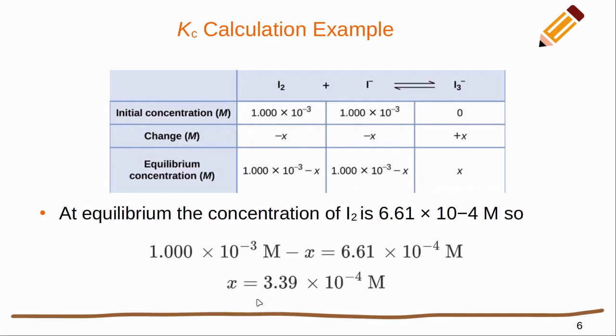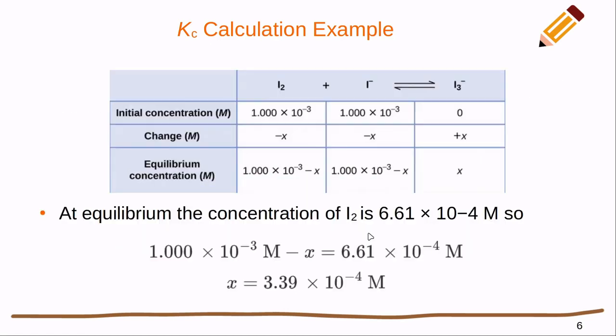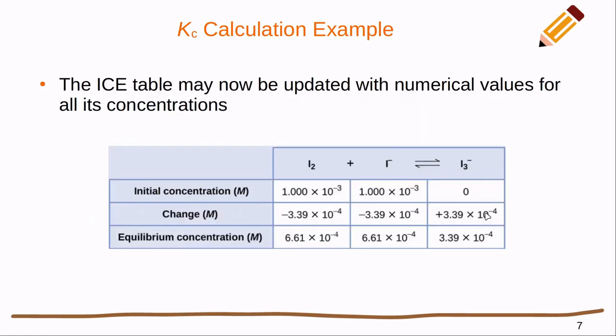Okay, that means that I can then fill out the rest of the table. Okay, I plug in the value of x into all these places, and I start to get this. Okay, so I can see I started off with these two concentrations. This was consumed, this was produced, and I then know what all of the equilibrium concentrations are.